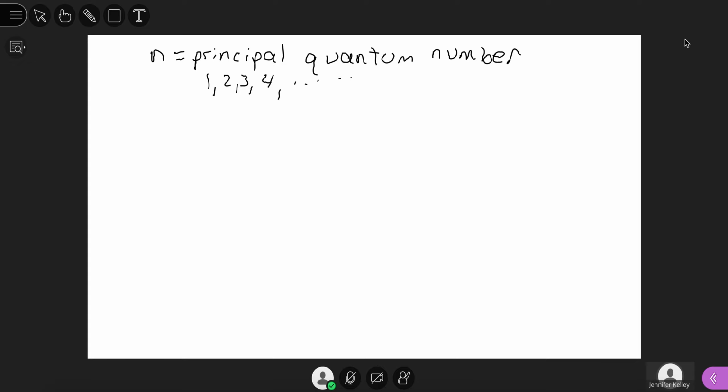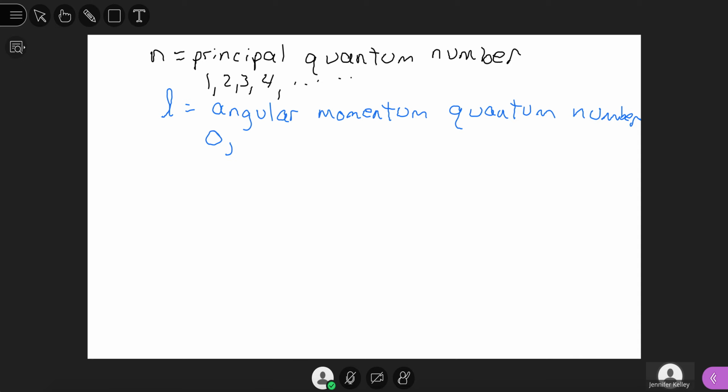So once we get past the N level, we have the L, which is called the angular momentum quantum number. L can actually be 0. And it can go all the way up to 1 less than whatever N is.